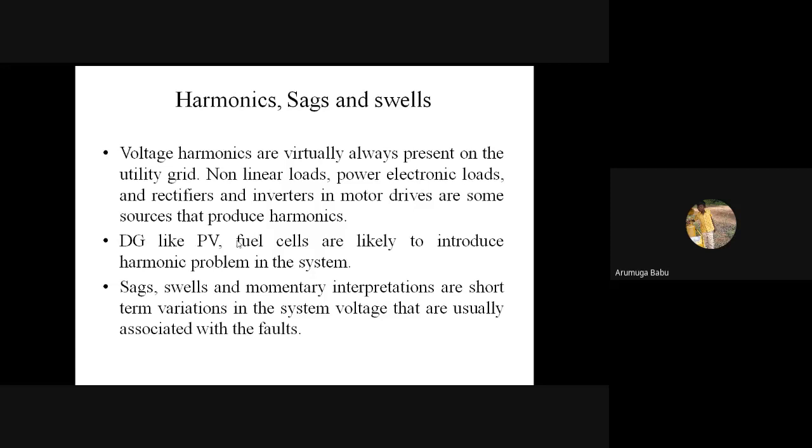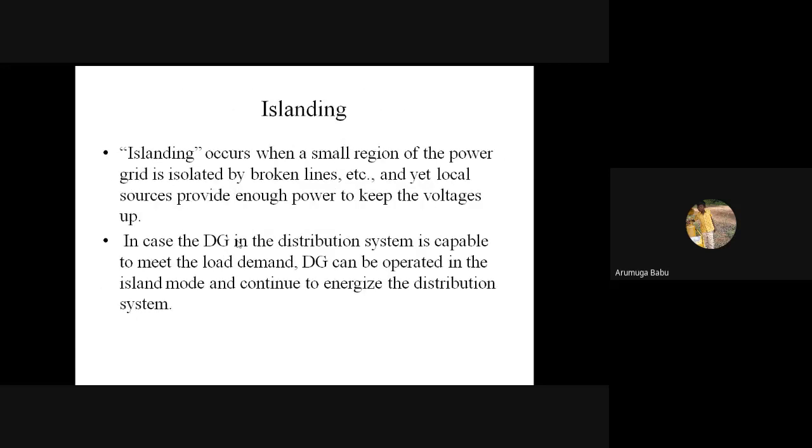This is the main drawback of distributed generation. Islanding: what does islanding mean? Assume a situation where a grid is isolated or broken. We can supply that grid or line by using distributed generation. This we call islanding.